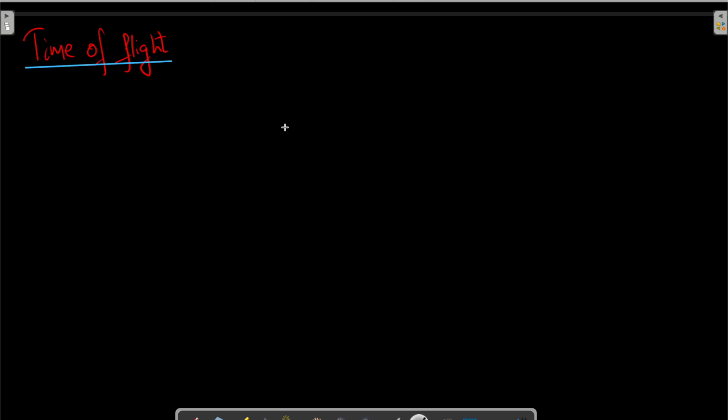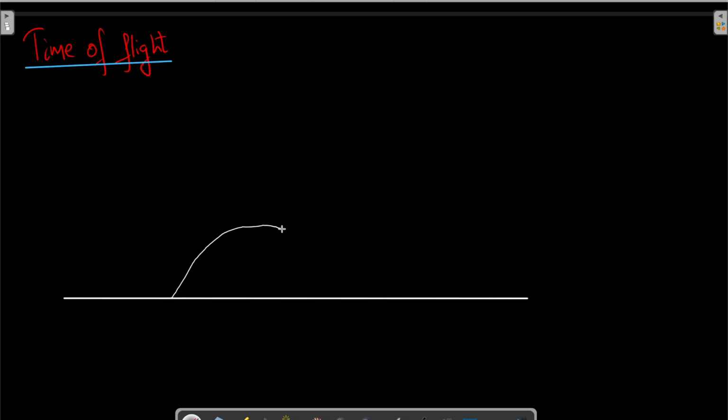Total time it spends in the air. So we'll draw the ground using white color. We'll draw the projectile next. It will be like this. We are drawing it a bit smaller only because we need to do a lot of things here, so we already need a lot of space.